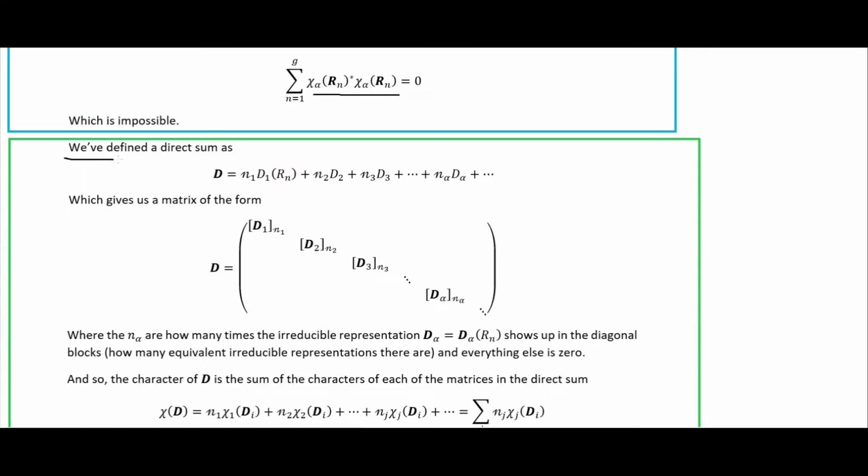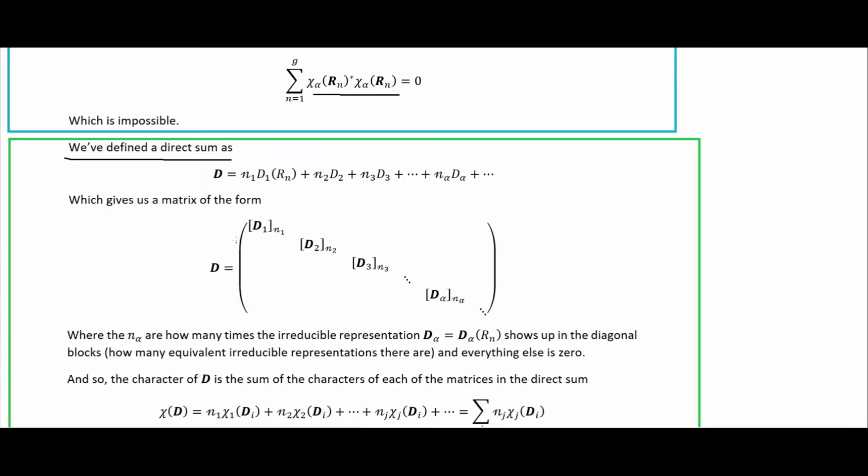And so we've defined in a previous video the direct sum like this, and it's essentially just taking each irreducible representation and putting it into a large block diagonal matrix of the matrices of those irreducible representations.